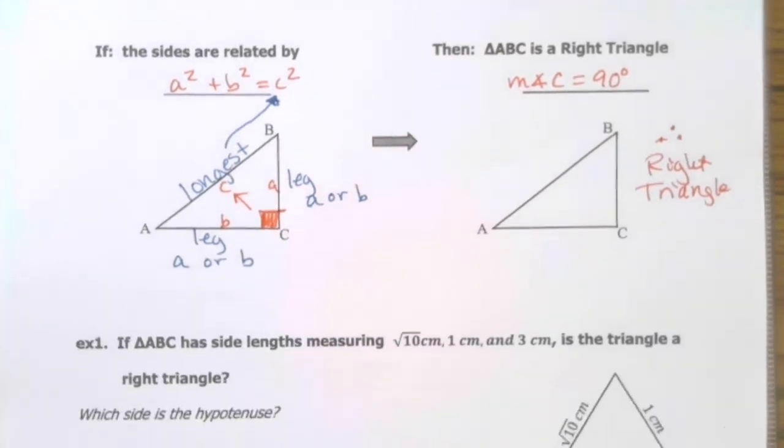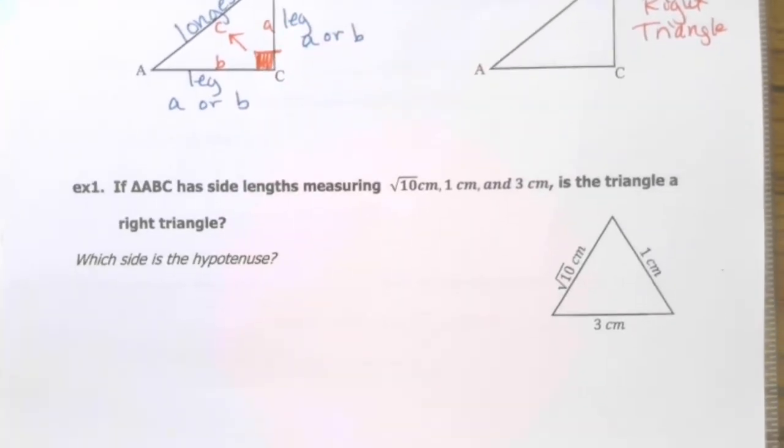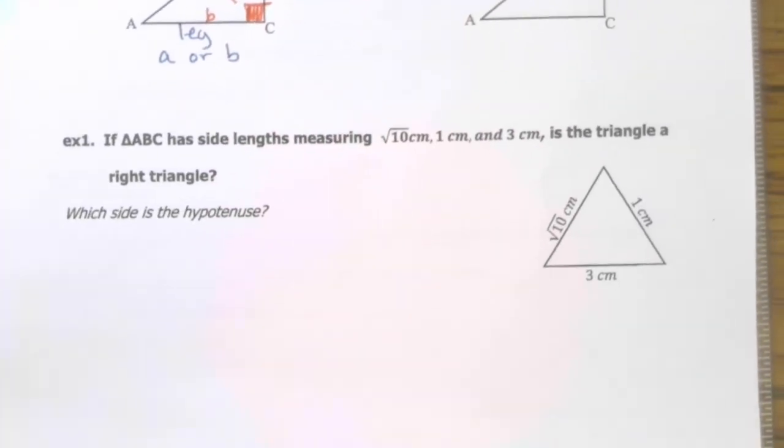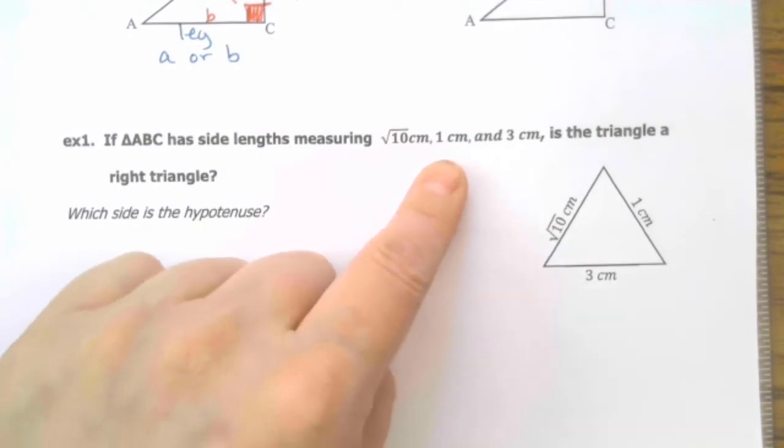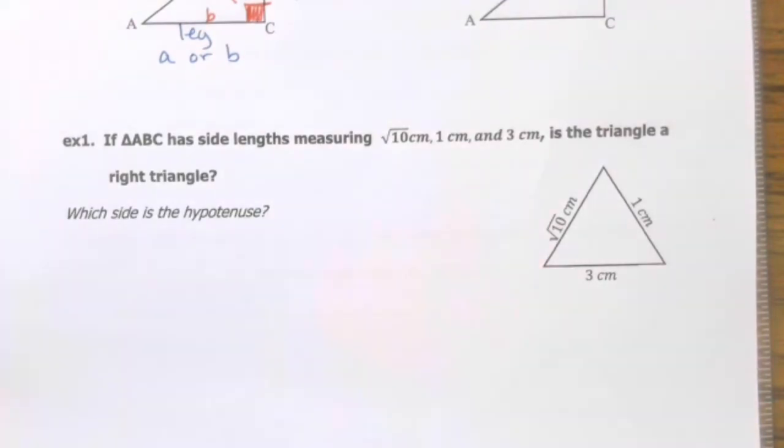Okay, let's do an example of this. If triangle ABC has side lengths measuring radical 10, 1, and 3 centimeters, is it a right triangle? So the first question you need to answer is, obviously this isn't to scale, which side is the hypotenuse? So to find the longest, we need to know what radical 10 is.